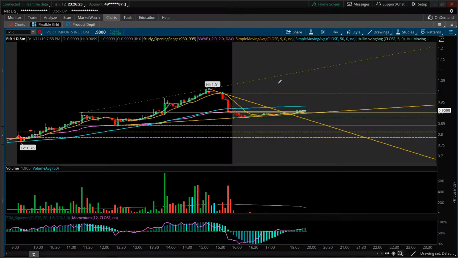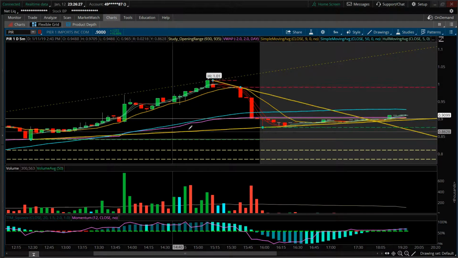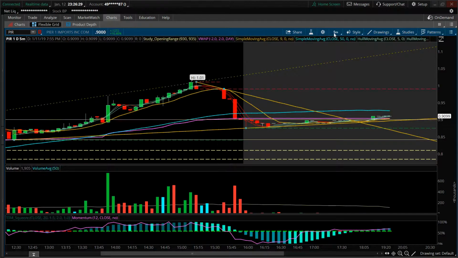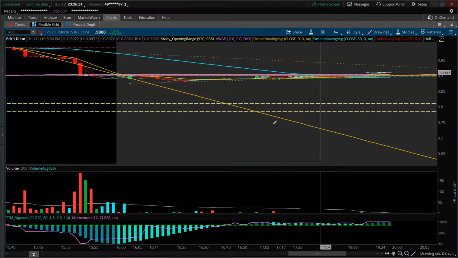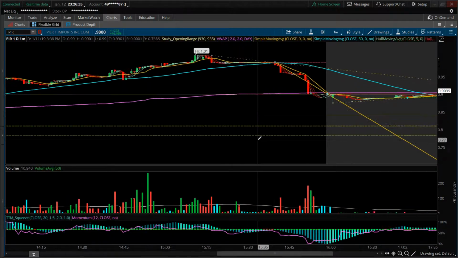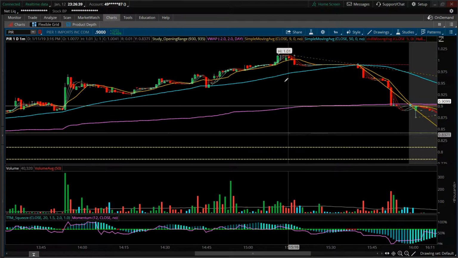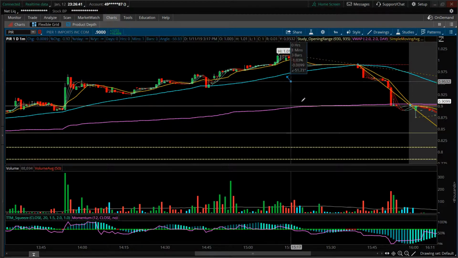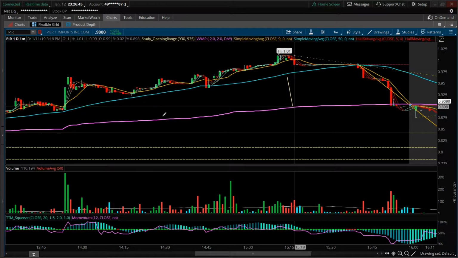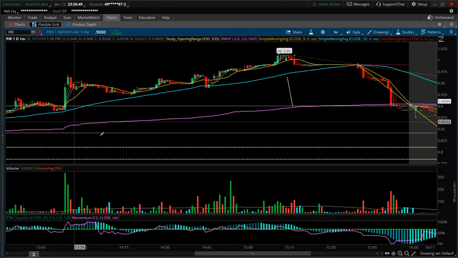Well, once you get here marked in here, go back to the 1 minute. 1 minute's easier to look at these. Alright, once I get this big huge separation in here, that's when I'm careful, because the VWAP is telling you that this is where the market likes to stay at.